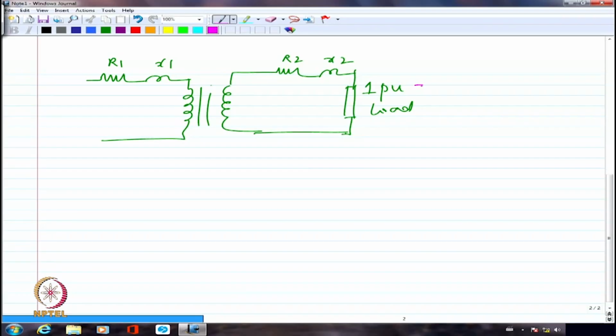And I2 rated we said as 20 ampere. Whereas this 20 ampere gets translated into the primary side as 10 ampere. And that is also I base.